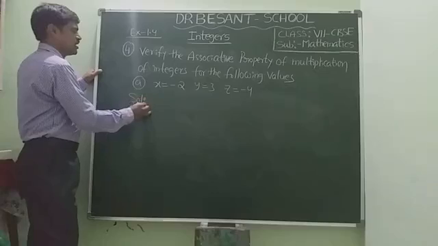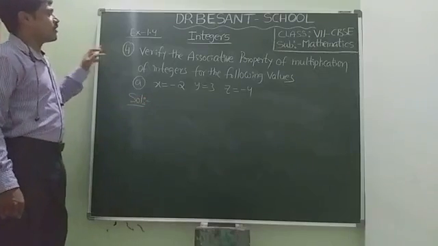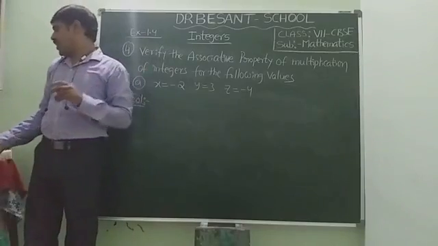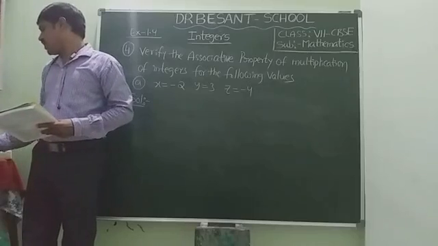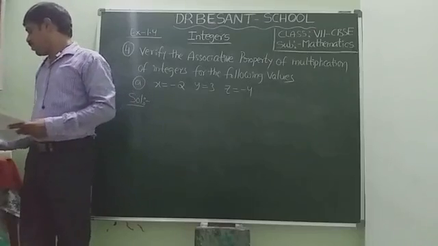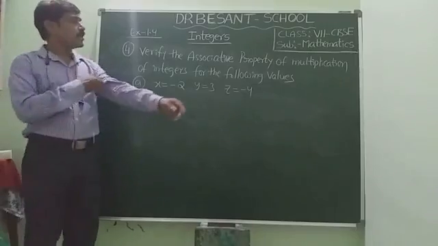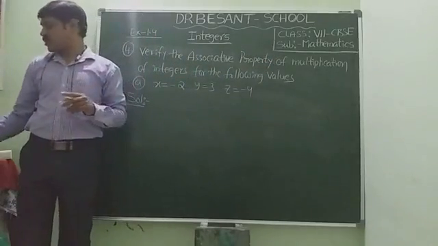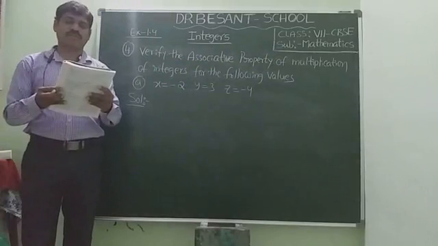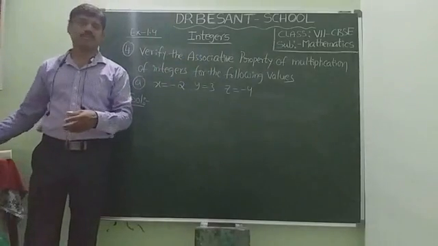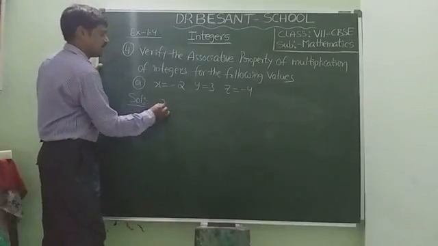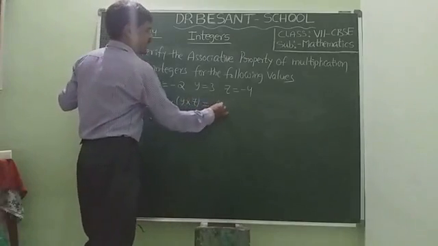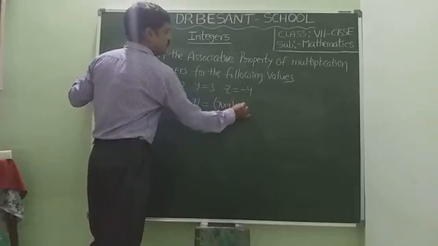That means verify the associative property of multiplication. That means (x into y) into z is equal to x into (y into z). Okay, children. Next, so we have to do that. See, associative property of multiplication of integers. So in the question, verify the associative property of multiplication only. So x into y into z, that is, (x into y) into z is equal to x into (y into z).